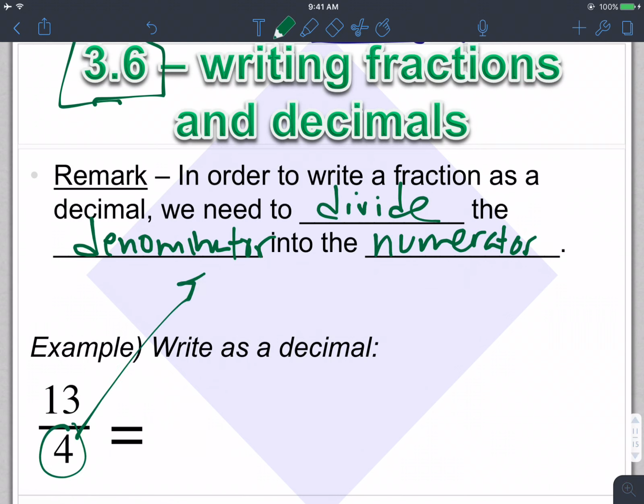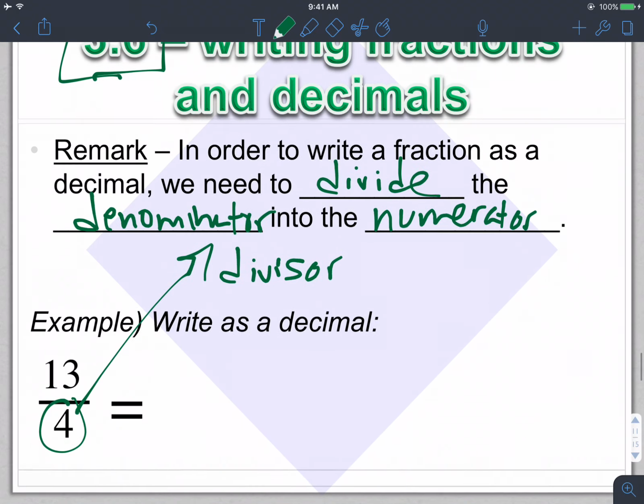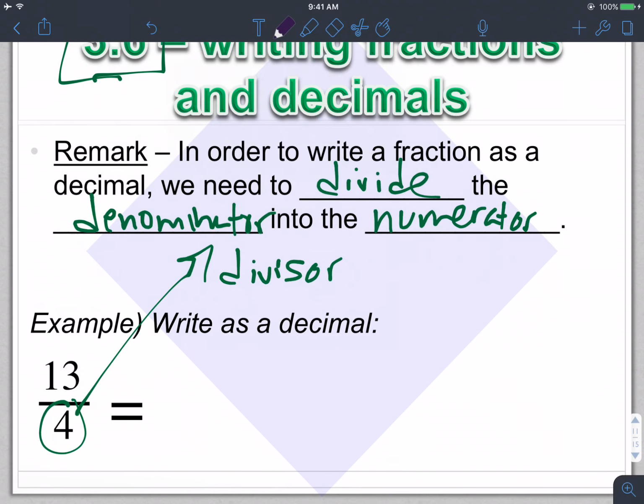Okay, remember that that's always the divisor. Write 13 over 4 as a decimal. 13 divided by 4.